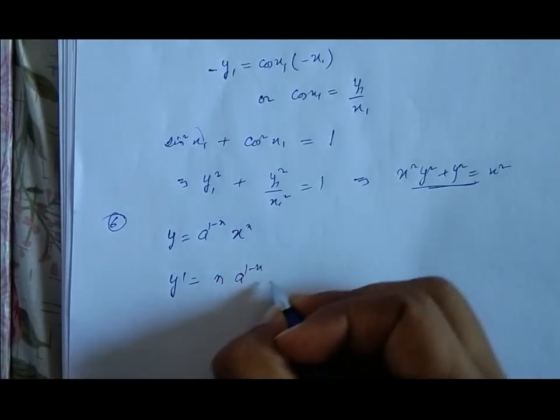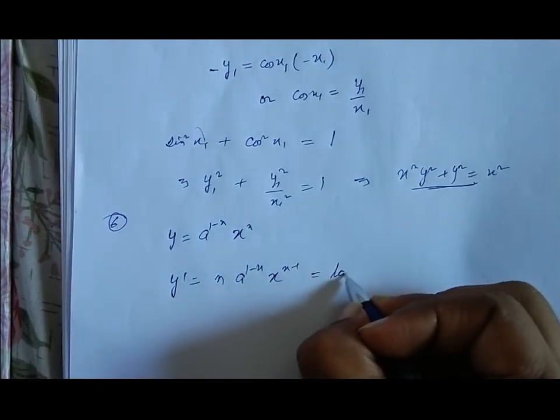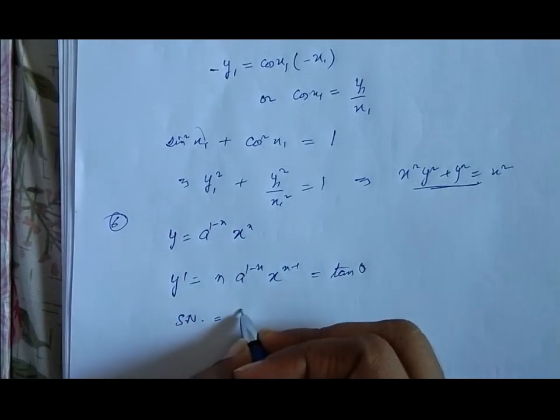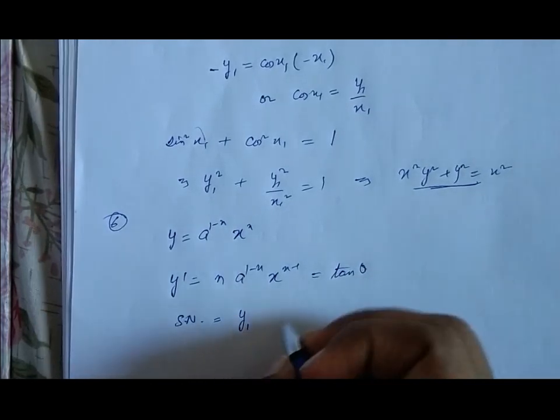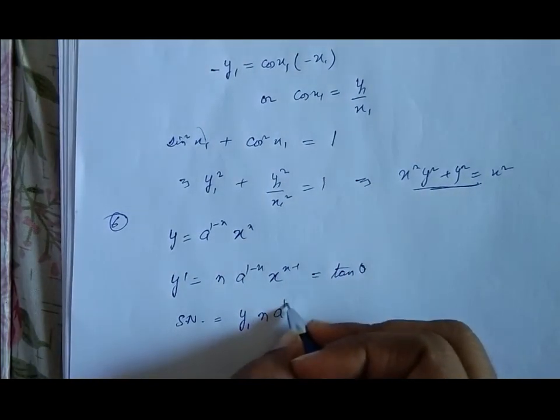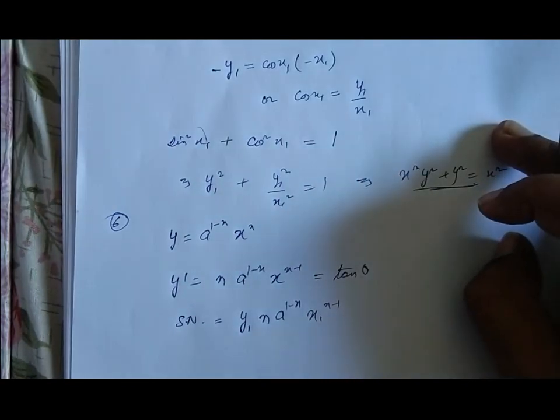n a power 1 minus n x power n minus 1, and y dash is also equal to tan theta. We also know that length of subnormal is equal to y1 into tan theta. So tan theta would be n a power 1 minus n x1 power n minus 1.